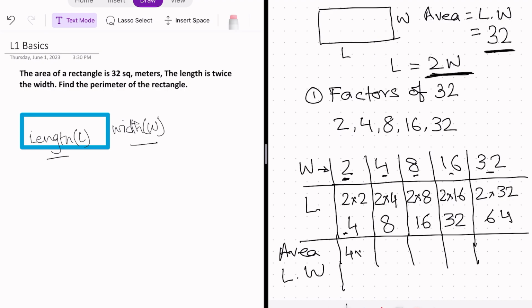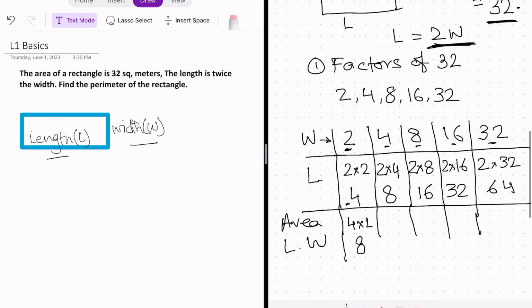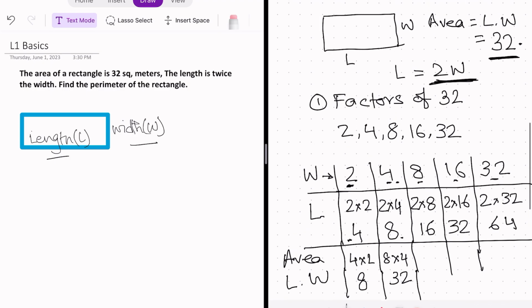So it is 4 times 2, which is 8. It's far less than the 32 that we are looking for. In the second case, length is 8, width is 4. So area will be 8 times 4, which is 32, which is exactly equal to what we have here.